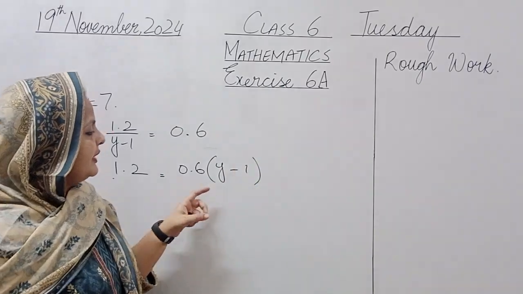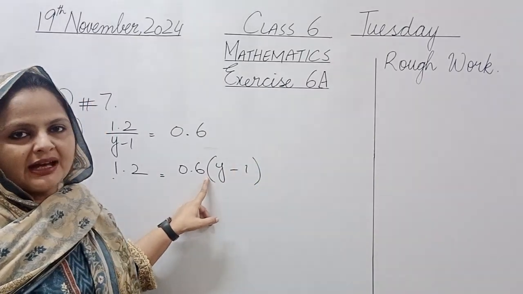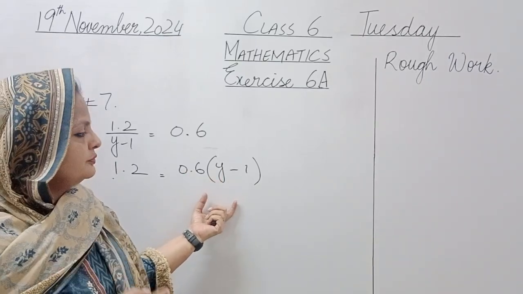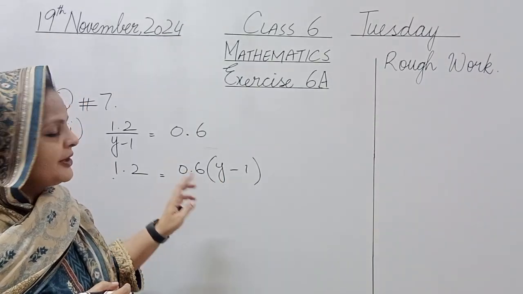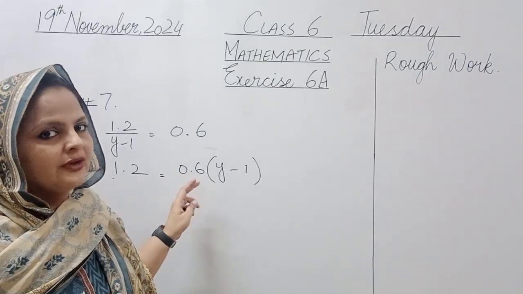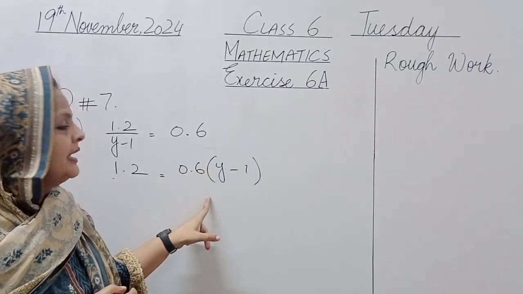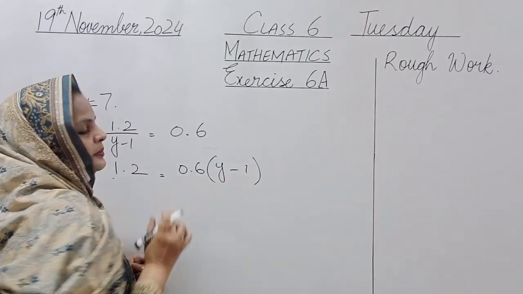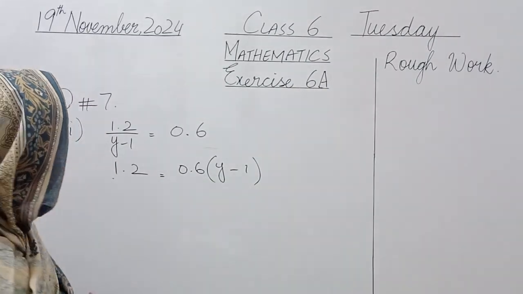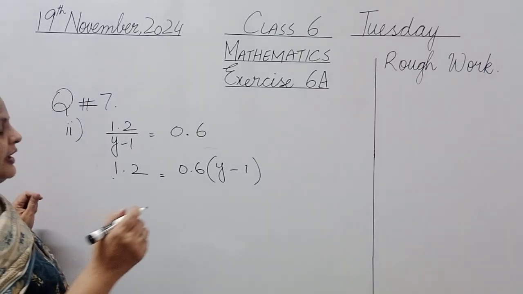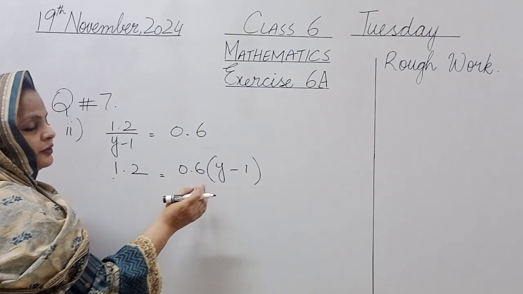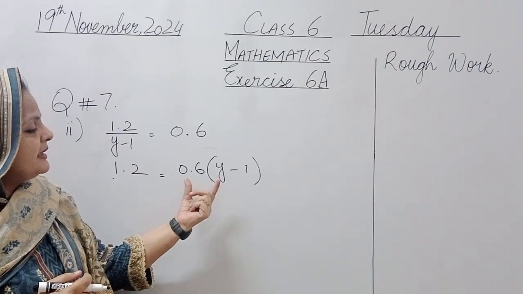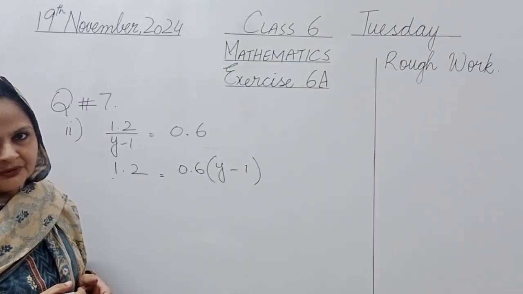And I have already told you that when there is no sign in between two numbers or brackets, what are we supposed to do? Yes, number 5. What mathematical operation will be done when there is no sign in between two of the numbers or such parts of the question? Very right. Very good. It means that we have to find out the product of it. Product means to multiply. We will be multiplying these numbers together.